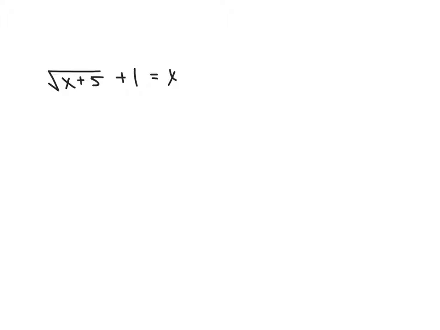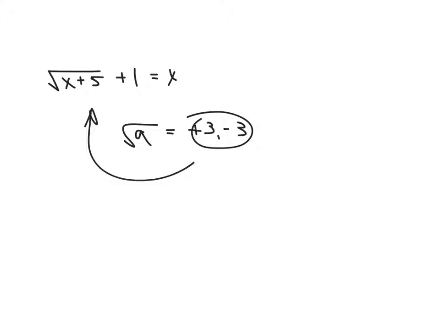Okay, so when you're doing radical equations, because the square root of 9 is actually positive 3 and negative 3, sometimes that really causes a struggle with radicals when you get two different answers, and then when you plug it into the original equation, one of them doesn't work. And that is called an extraneous root.